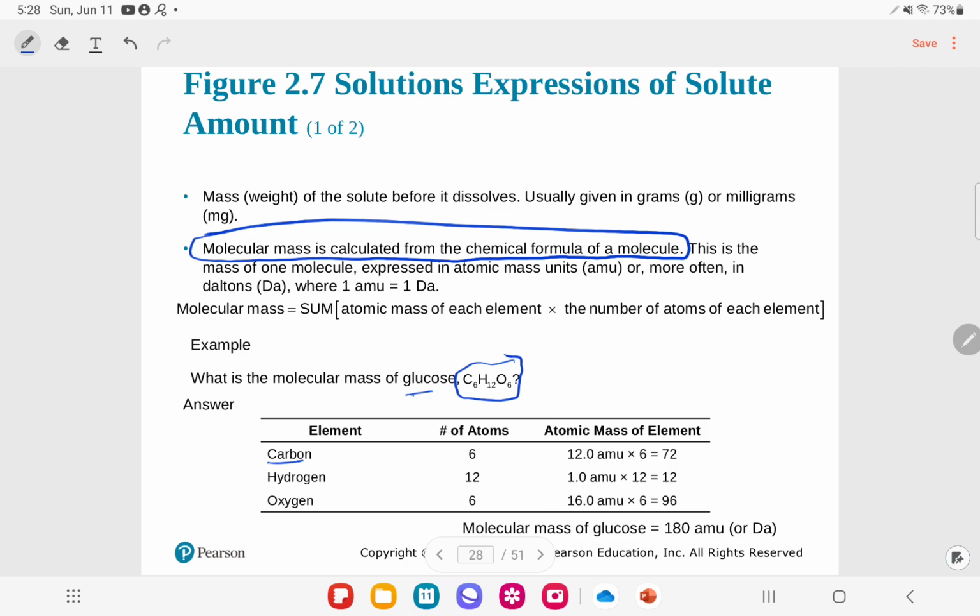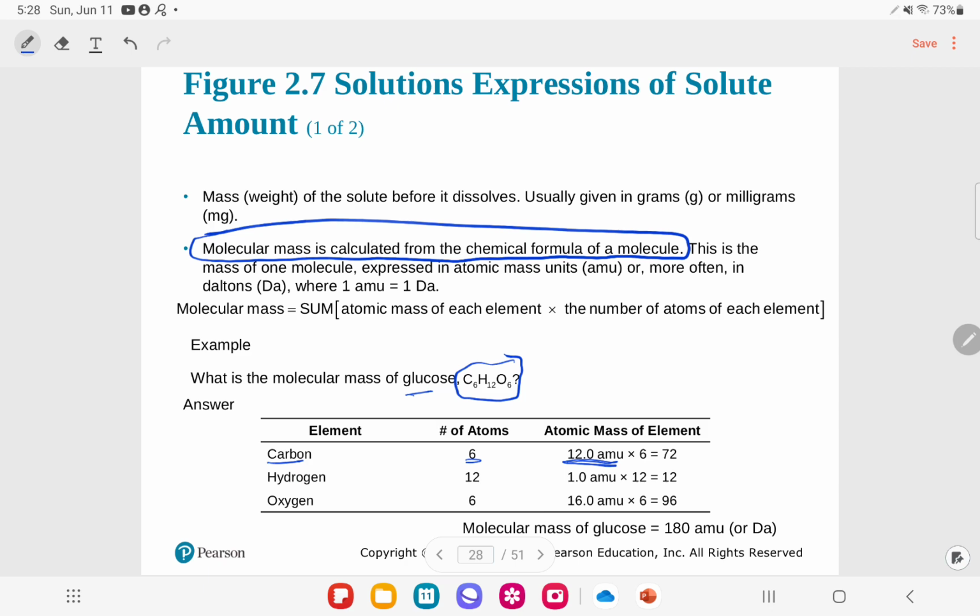Remember, it's going to be 6, right? And so what is the atomic mass of carbon? The atomic mass is going to be 12 atomic units, okay?